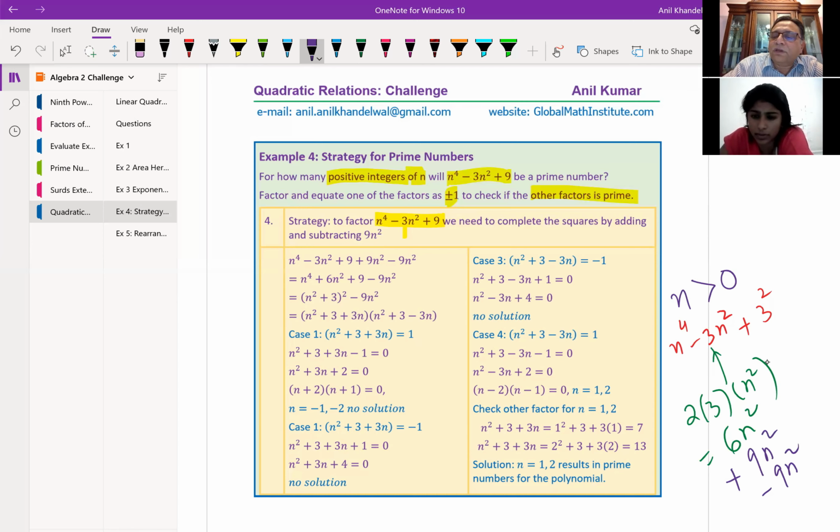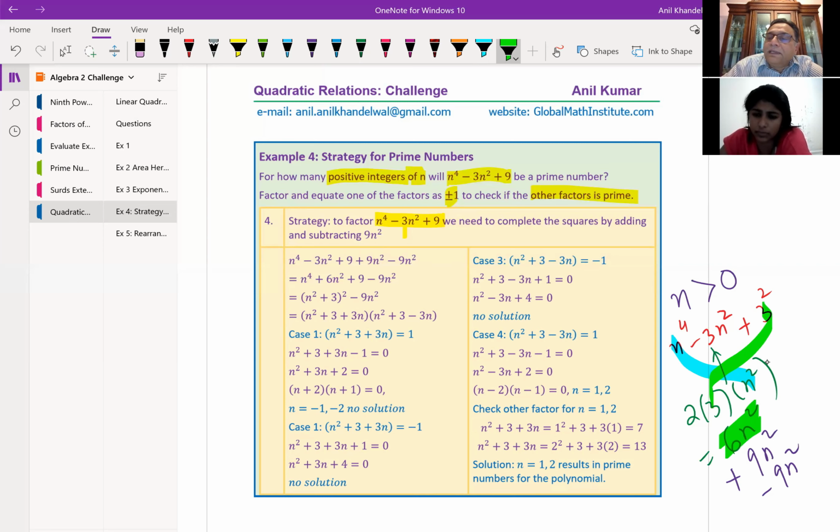So we are looking for 2 times 3 times n squared, I changed the order, right? So the center term should have been 6n squared. Only then it becomes a perfect square.